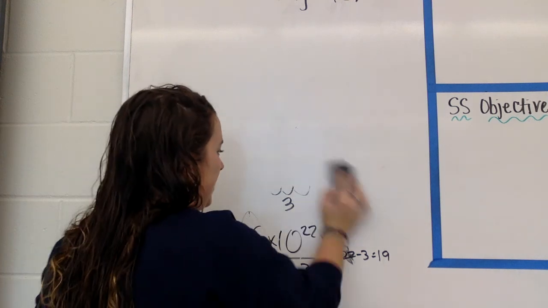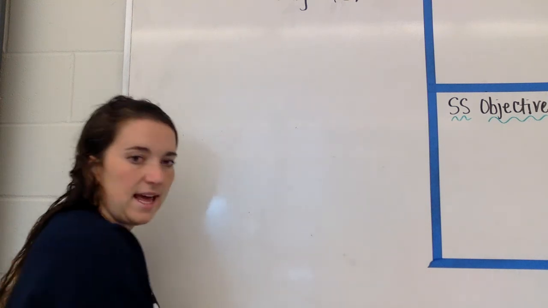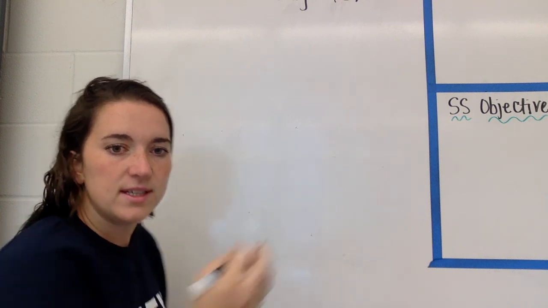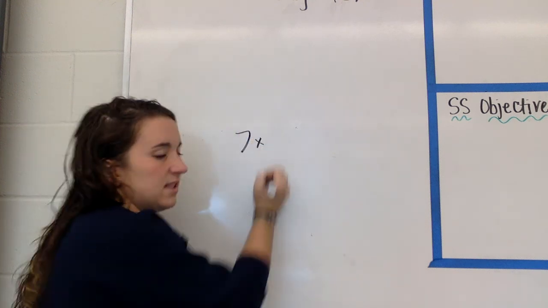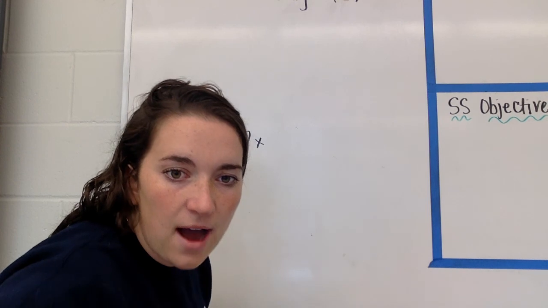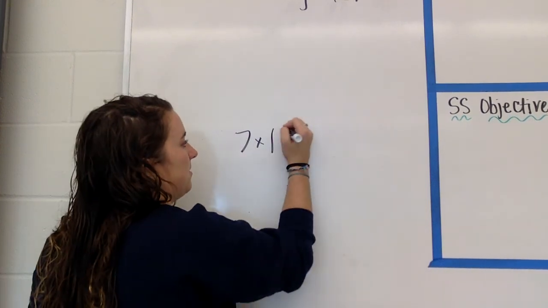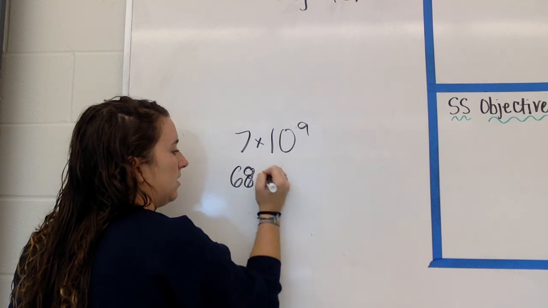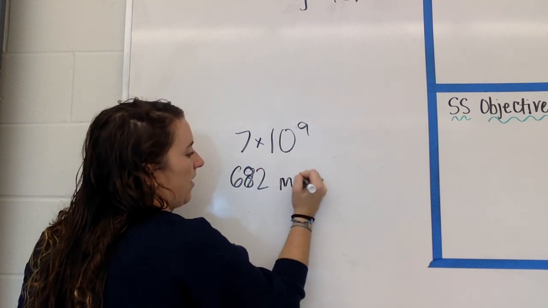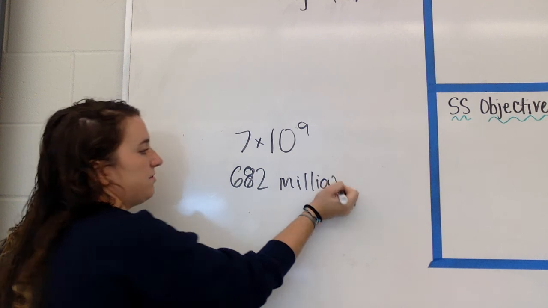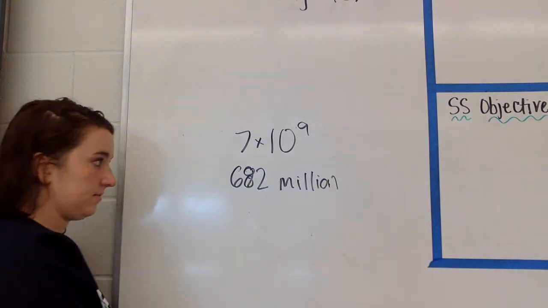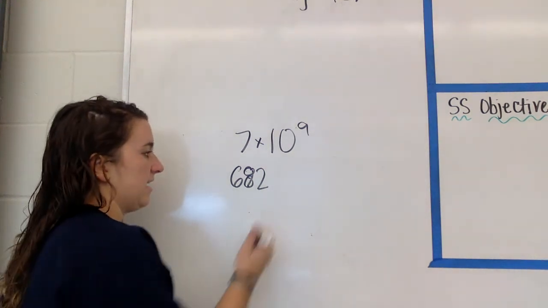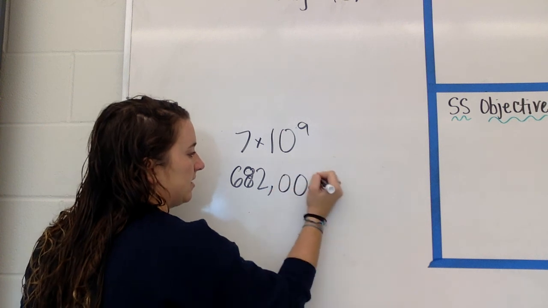We have 7 times 10 to the 9th power and 682 million. All right, 682 million can be written how? I need to add 6 zeros behind this.